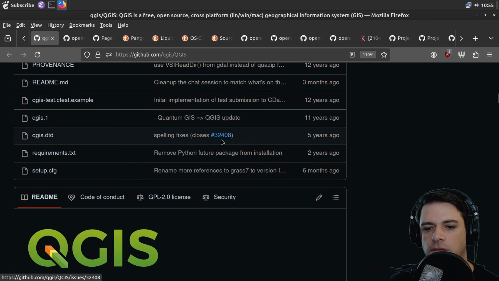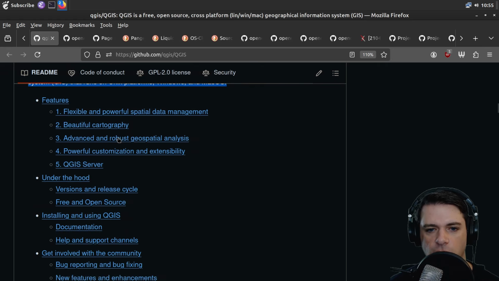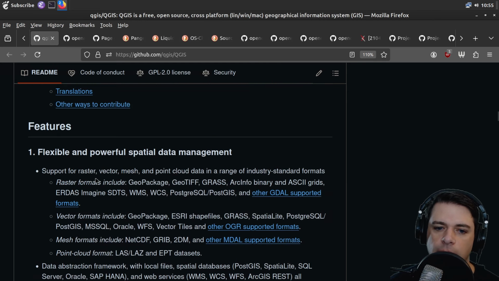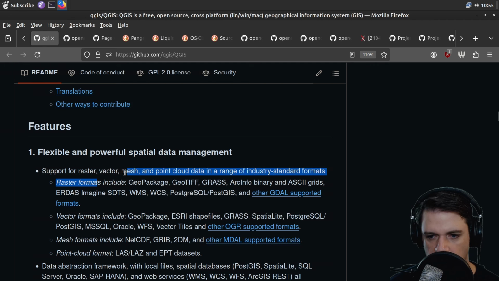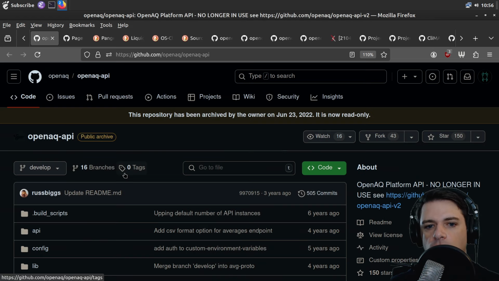So that's maybe something about the Qt licensing. Beautiful cartography. All right. Support for raster, vector, mesh, and cloud point data in a range of industry standard formats. Raster formats include GeoPackage, GeoTIFF, GRASS, etc. Okay. And they have support for point clouds. That's all fine, but we're going to ignore it.